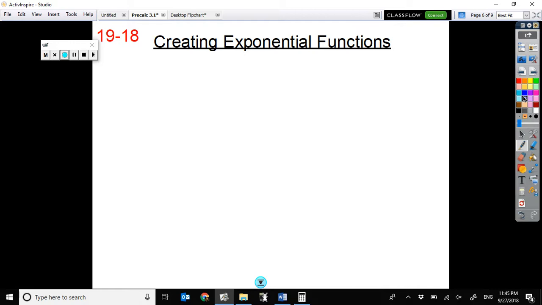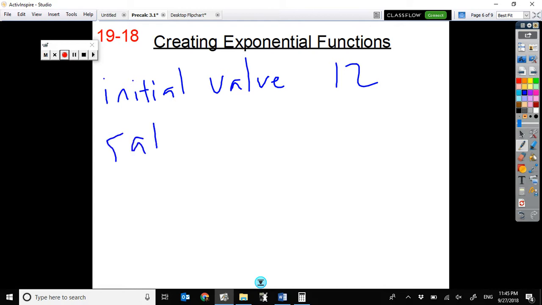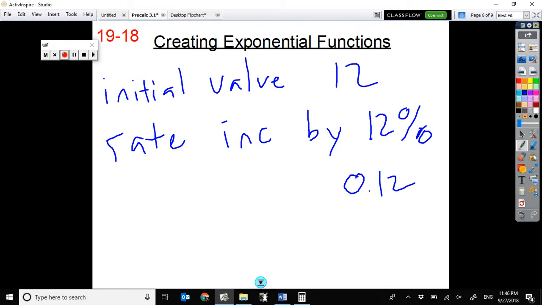Let's say I have an initial value and my rate, and I say I am increasing by 12%. Now I have to be very careful when I say I'm increasing by 12%, because if I say that my rate is just 0.12, well, that's not an increase, that's a decrease.